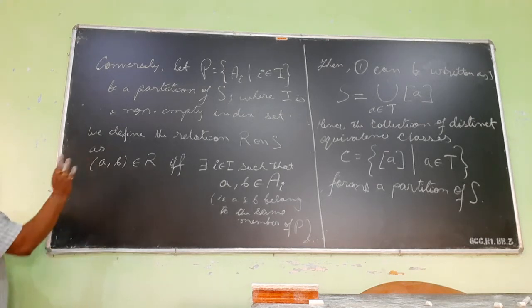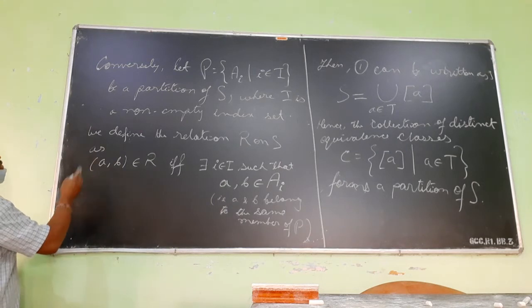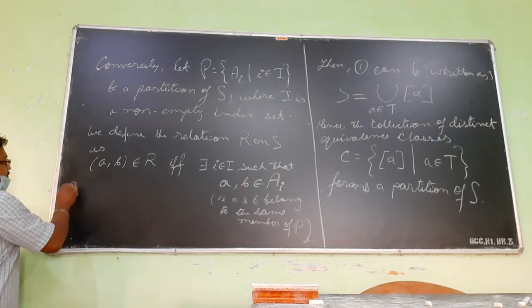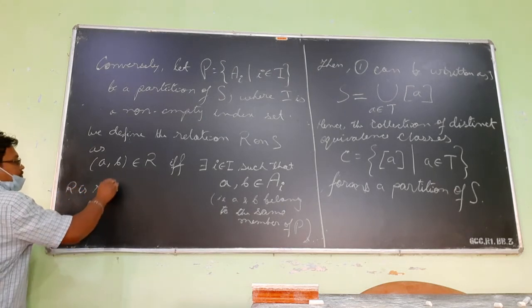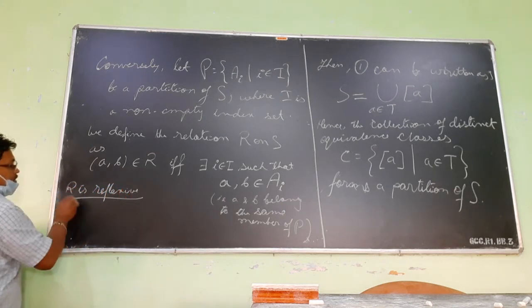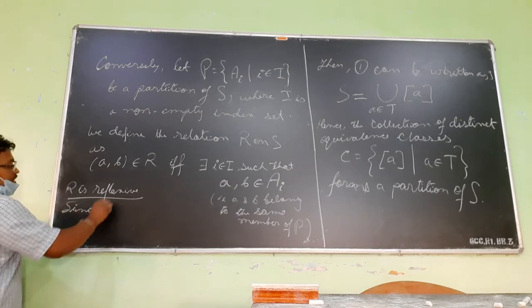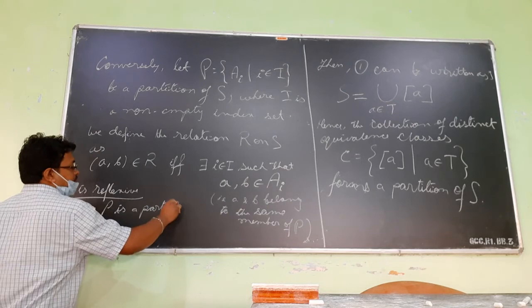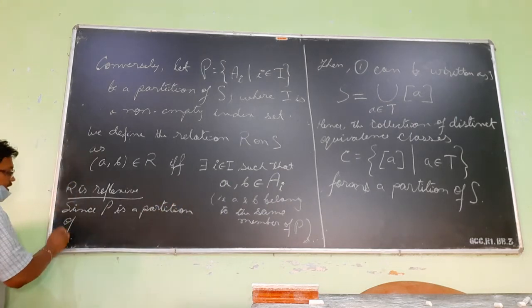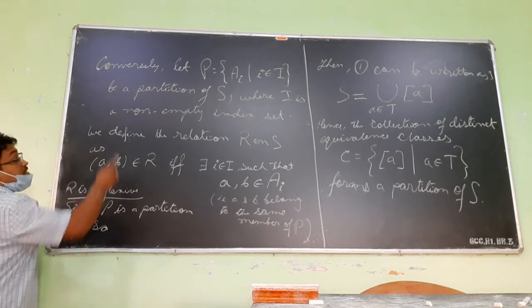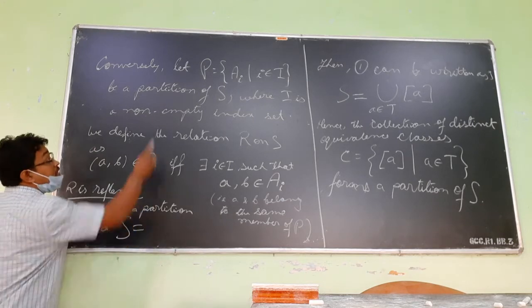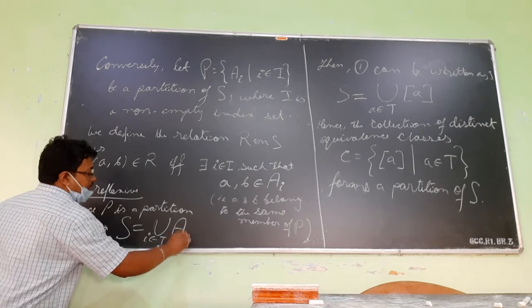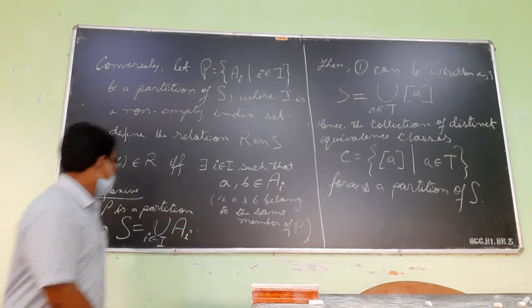So R is an equivalence relation. How will I show? I will show that it's reflexive. So R is reflexive. Why? Since P is a partition of S, S will be the union over I belongs to capital I of A_I.